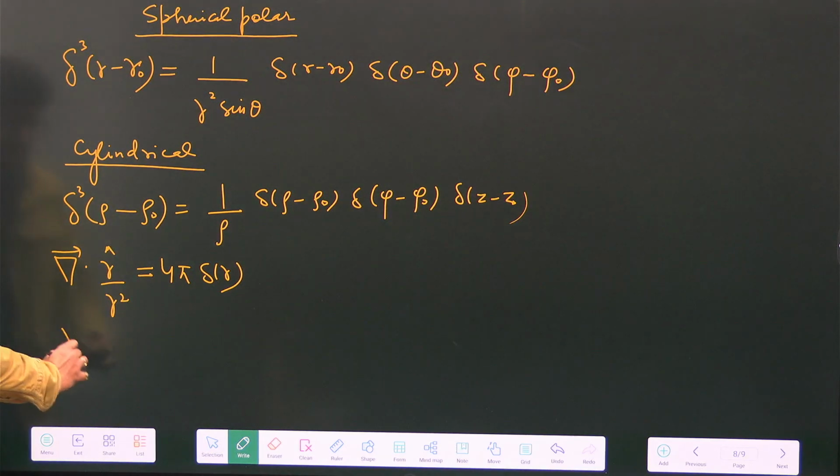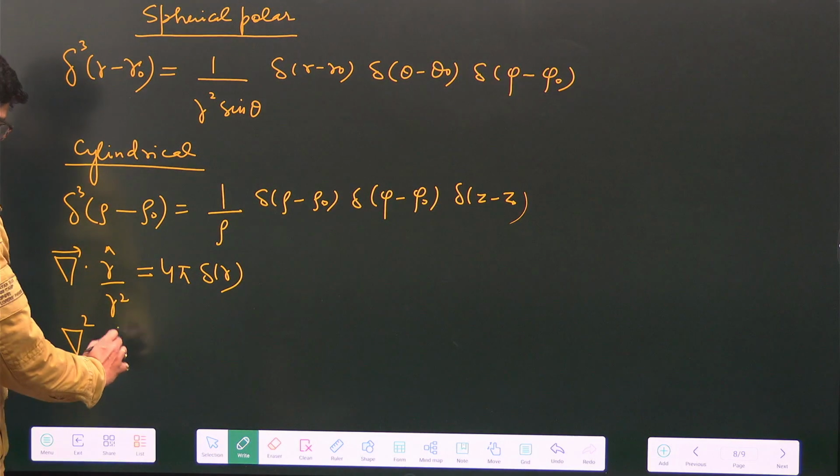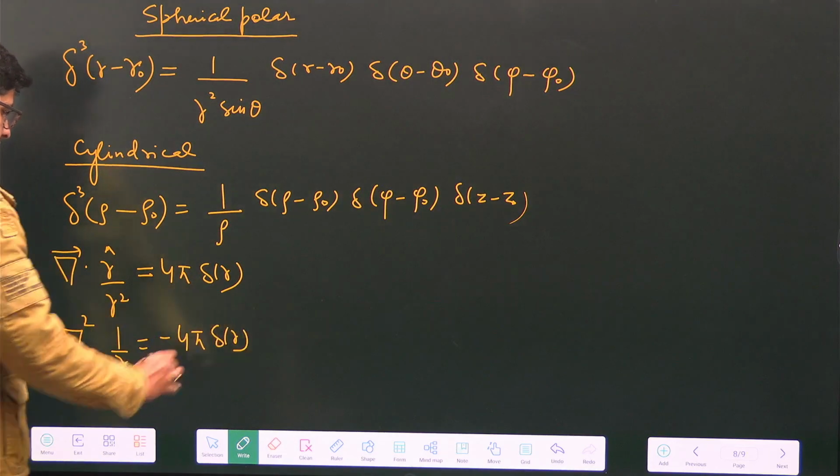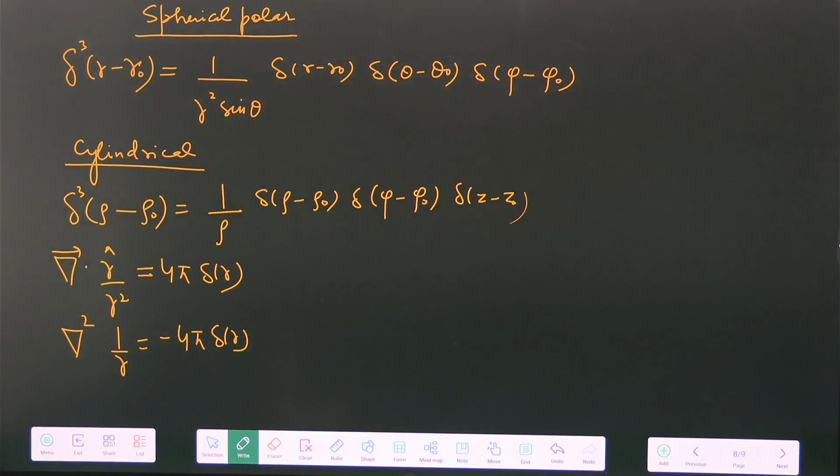And if it is del square 1 by r, it will become minus 4 pi del(r). Divergence of this will be written in the form of delta.